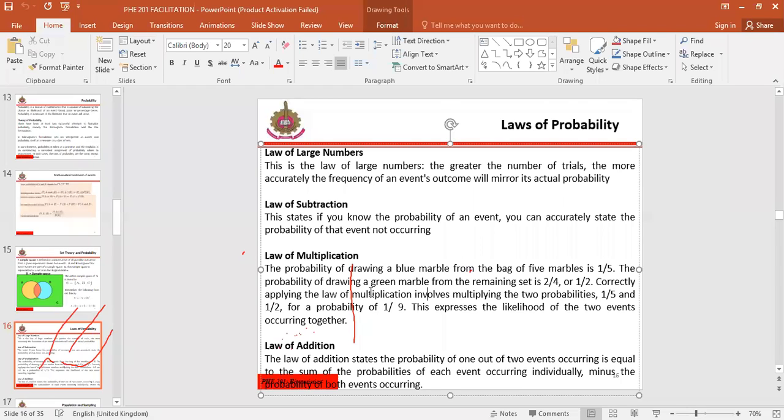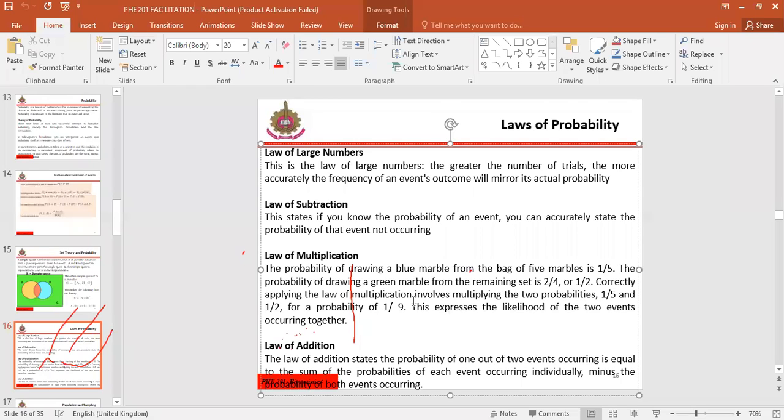The probability of drawing a green marble from the remaining set will be 2/4, which is 1/2, because 2 goes into 2 once, and 2 goes into 4 twice. Then correctly applying the law of multiplication involves multiplying the two probabilities, 1/5 and 1/2, for a probability of 1/10. This expresses the likelihood of the two events occurring together.